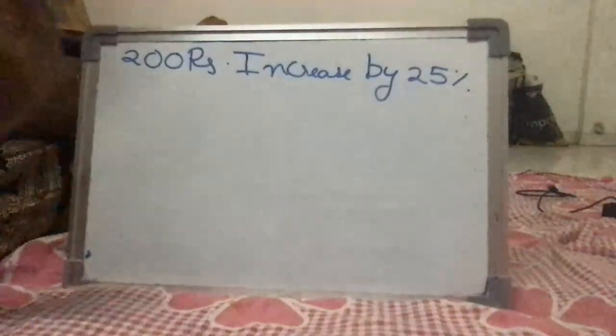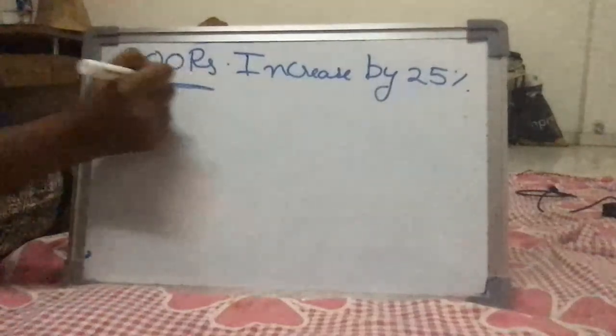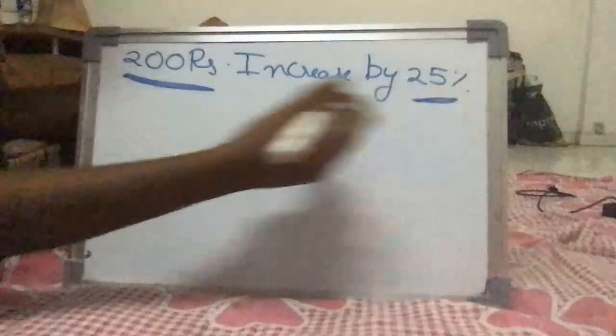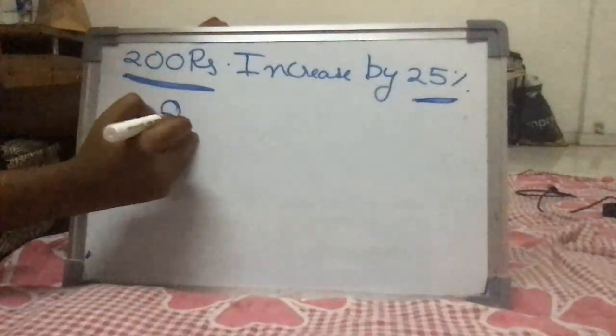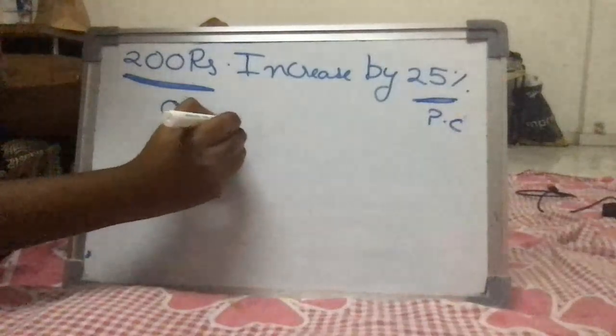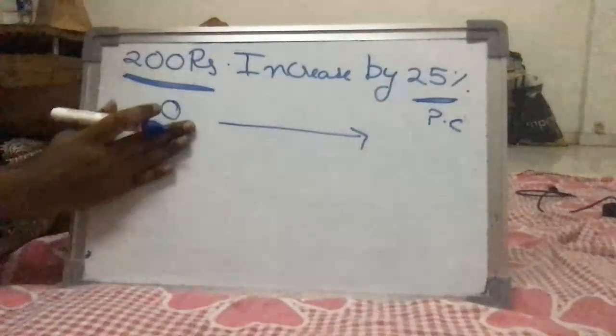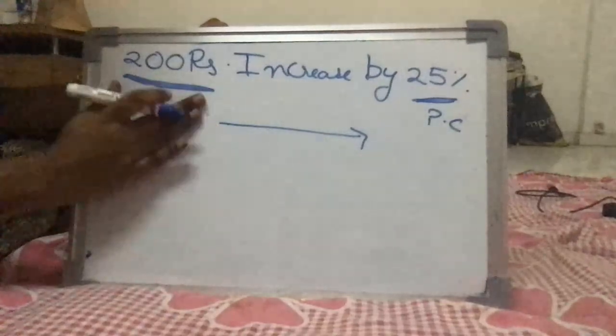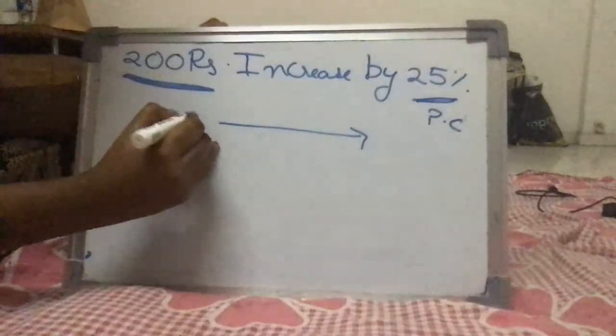Now I have two things. This is my original amount, and this is my percentage change. So on the flow chart, how does it look? This is my original amount, which is nothing but 200 rupees.